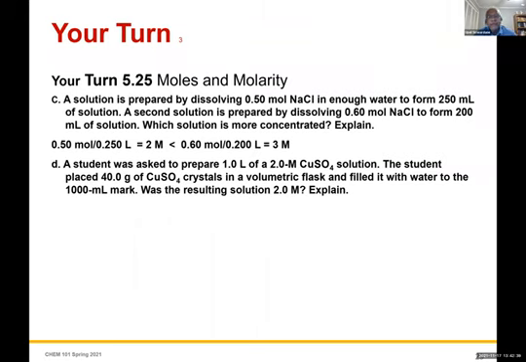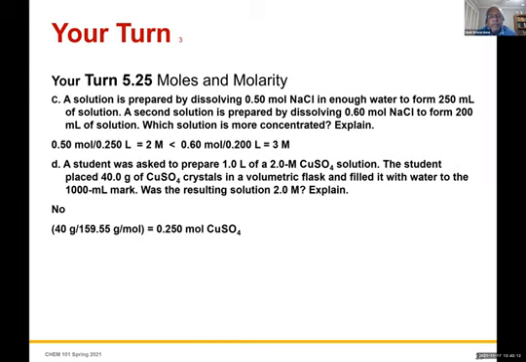I'm going to check how many moles of copper sulfate he dissolved, then divide by 1 liter of solution, or 1000 milliliters. His answer is no. How? The molar mass of copper sulfate is 159.5, so 1 mole of copper sulfate contains 159.5 grams.